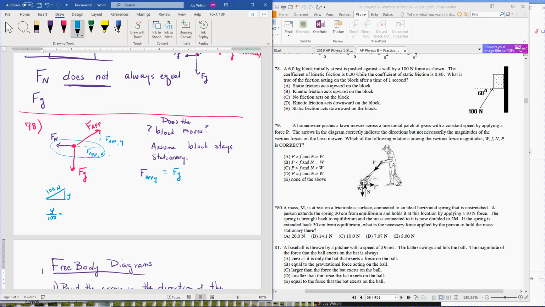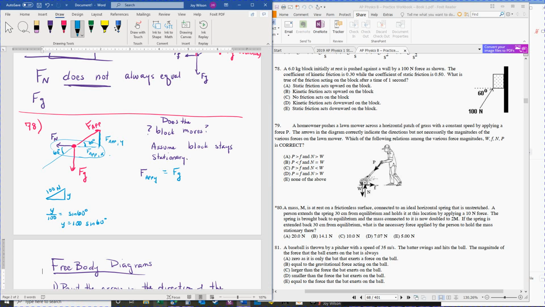So the angle that we're working with here on the triangle, we see that in the picture we're told that this angle is 60, so this angle must also be 60. So this would be the Y component over here. Y over 100 will equal the sine of 60 degrees. So Y equals 100 sine 60.